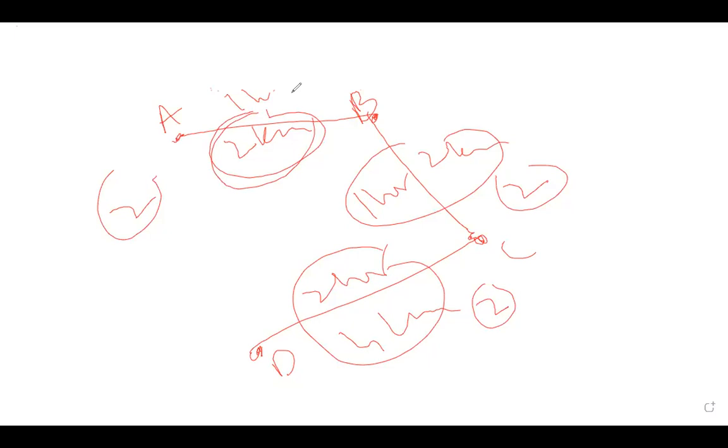Now, average means total distance upon total time for the speed. If I want to calculate the average speed, it is denoted by this symbol, V with a bar. V with the bar means the average speed.